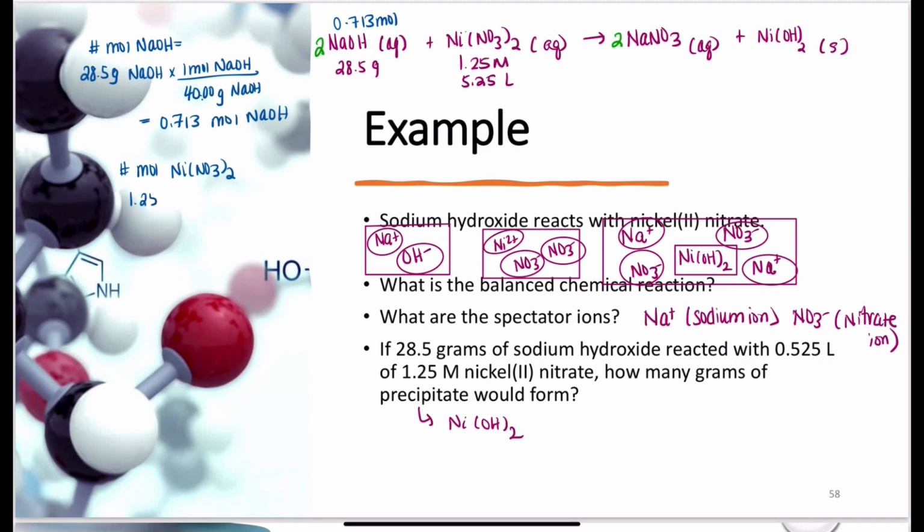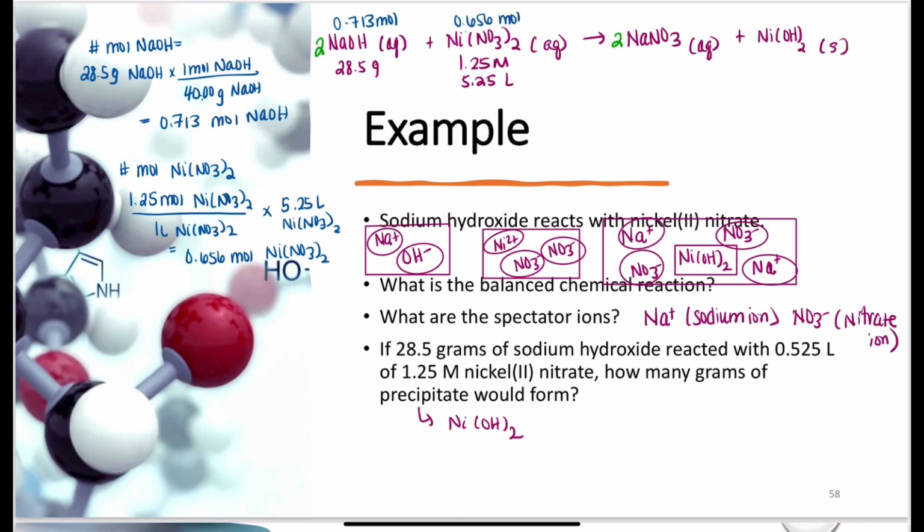I have 1.25 moles nickel 2 nitrate per 1 liter of nickel 2 nitrate solution. And I have 0.525 liters of that nickel 2 nitrate solution. This is going to give me 0.656 moles of the nickel 2 nitrate.